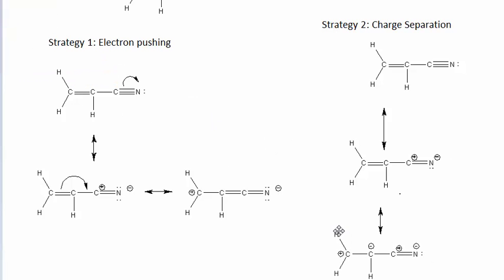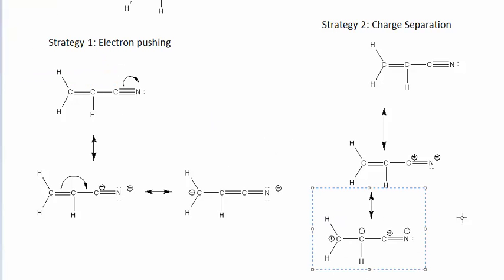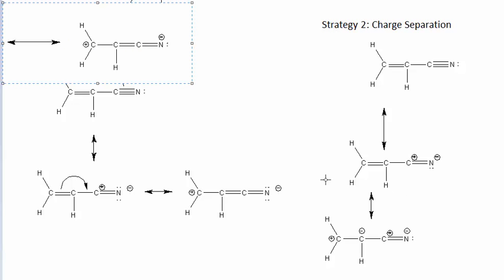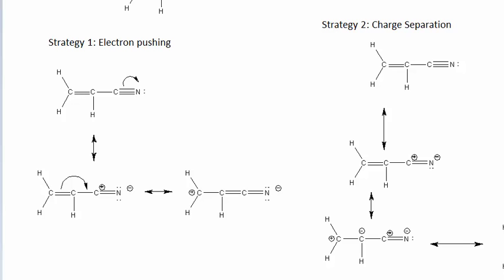So we're going to break it up like this, and then we see from our sigma framework that we could form the pi bonds to make a new structure. And that's going to look like this. I'm going to get rid of this arrow because I know I just cut this off. It's also going to be the same thing as over here.